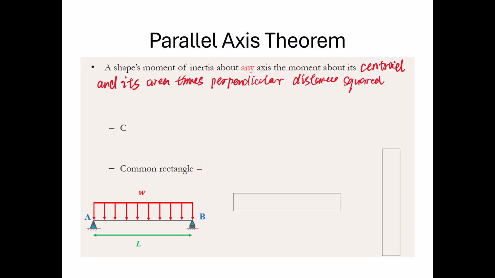If we express it in an equation, it will be Ix equals Ixc plus A times dy squared. If it's Iy, it will be Iyc plus A dx squared.